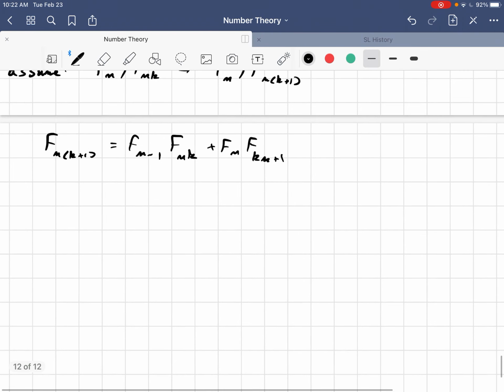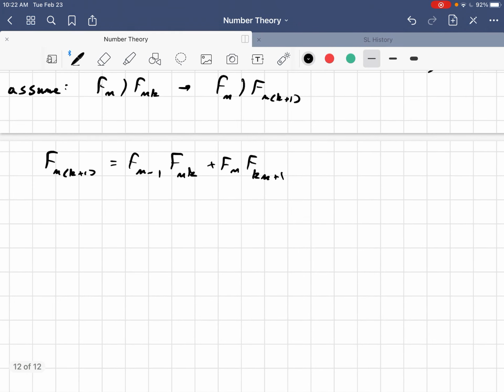But now notice by the inductive hypothesis that if f sub m divides f sub mk, then we get f sub m minus 1, and I can replace this f sub mk, this is the whole point here, with some constant q times f sub m plus f sub m times f sub mk plus 1. And now that tells me that f sub m times k plus 1 is just equal to some constant, say q prime times f sub m, right?